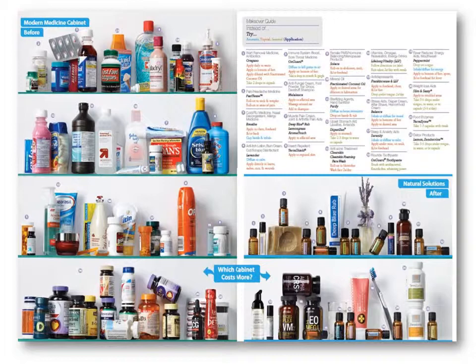There are other products in this figure, but these products have essential oils in them. So you don't need the products, you just need the oil, and the oil can replace something that's on the left or can replace 5 to 10 things that are in that medicine cabinet on the left.